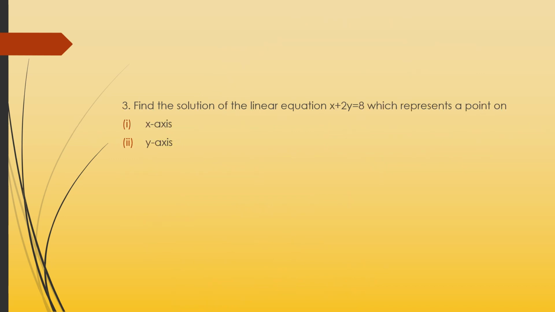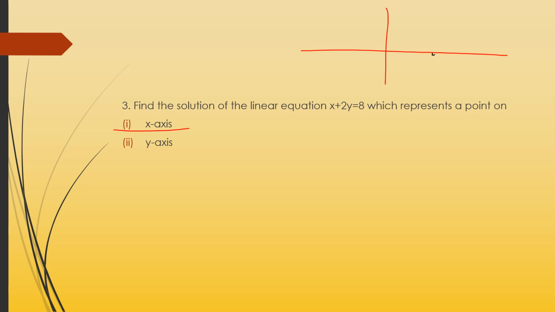Question number 3 is: find the solution of the linear equation x plus 2y is equal to 8, which represents a point on the x-axis. In the chapter coordinate geometry, we have already discussed this. What type of point lies on the x-axis?